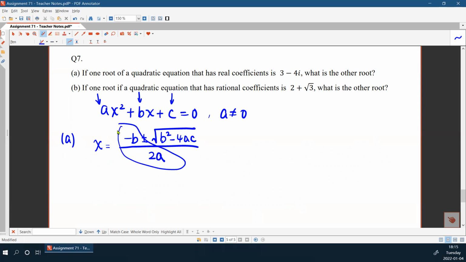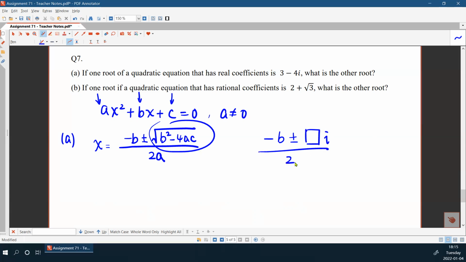Can it appear here? No, because a and b are real numbers, right? It can only appear in this part, right? Understand? Okay, so that means the root will have the form something i over 2a, right?